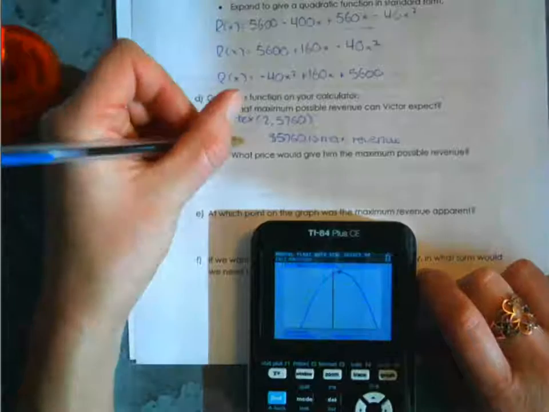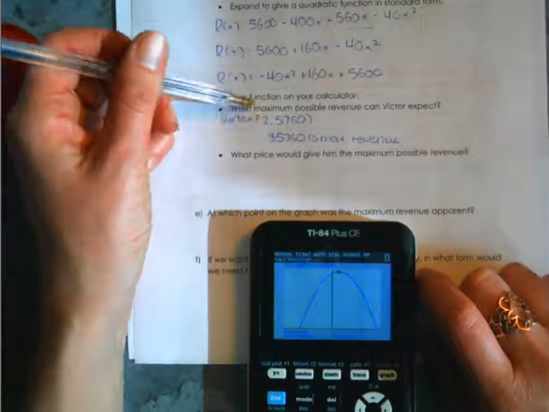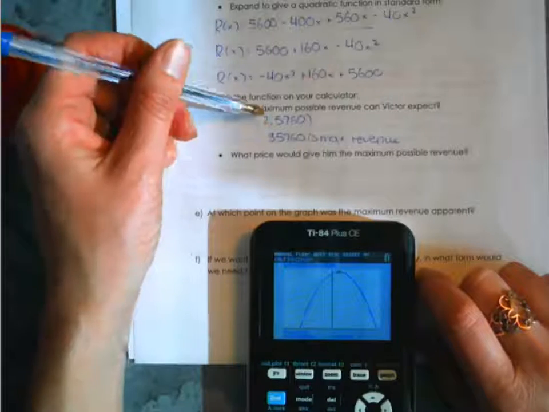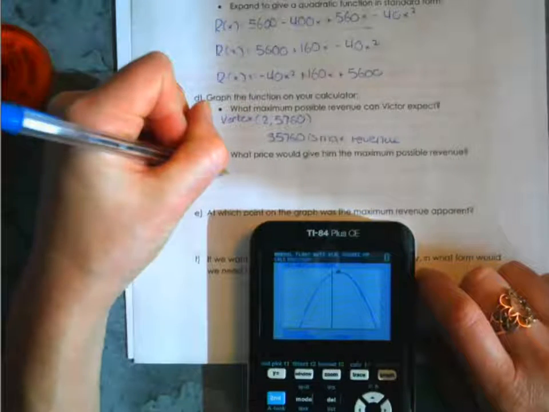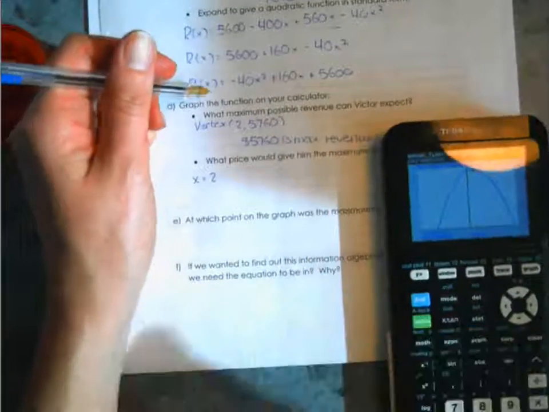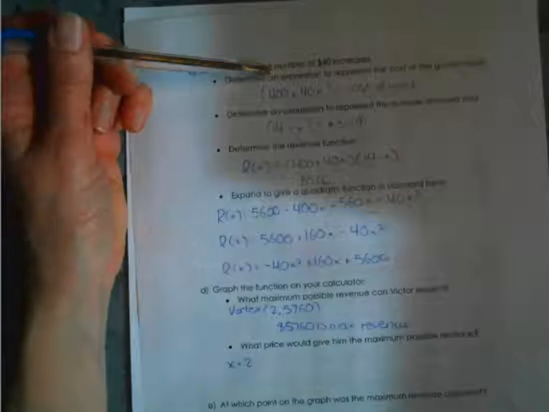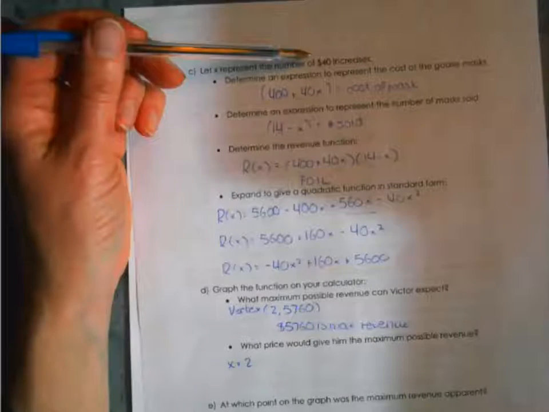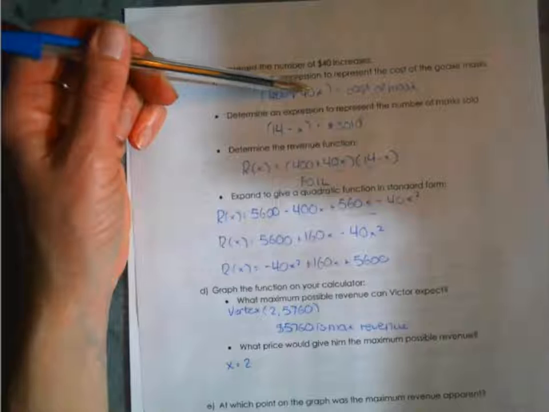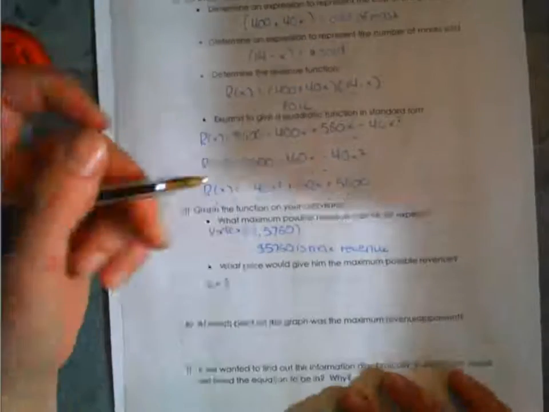Okay, next question, what price would give him the maximum revenue? Well, we need to think about, what is this 2 value giving us? It's an x component, so we know that x equals 2 at the vertex. And what did we say x was up here? Remember, we said for the number of $40 increases, we would represent it as 40 times x. So x was the number of price increases.